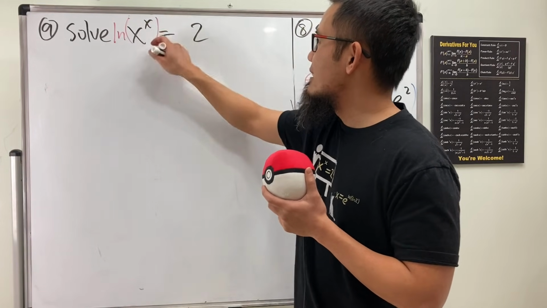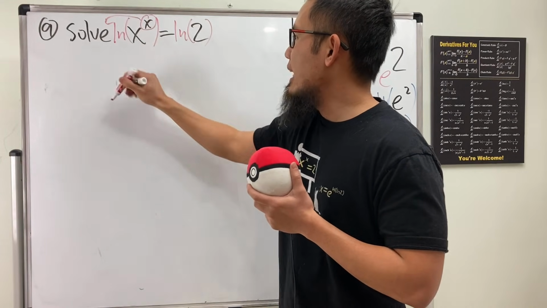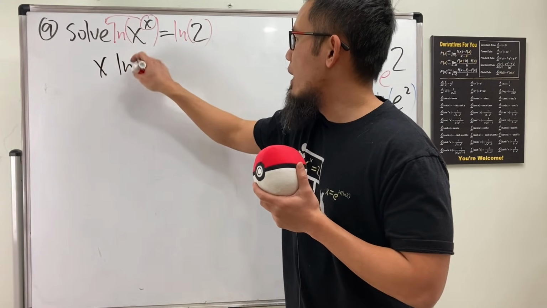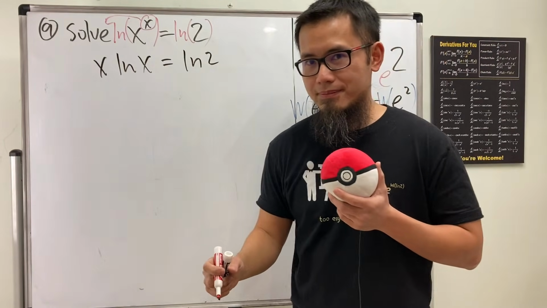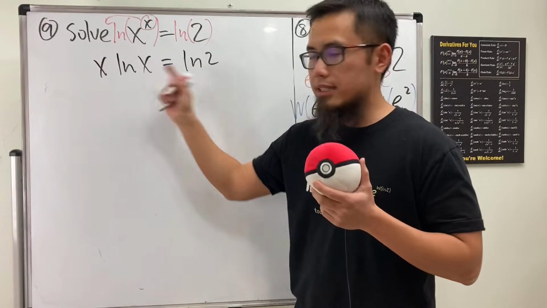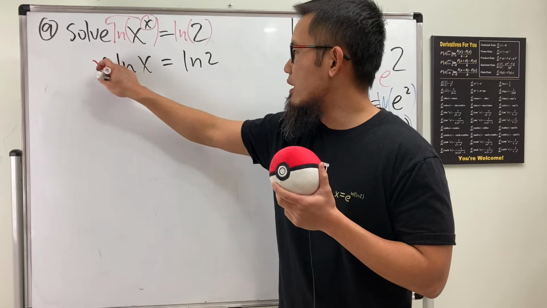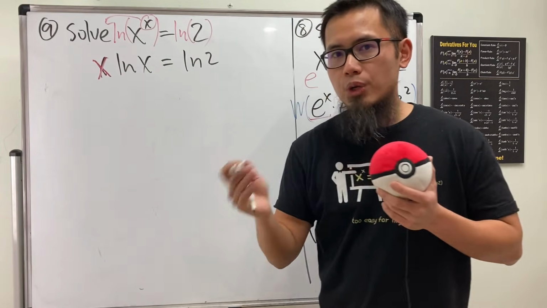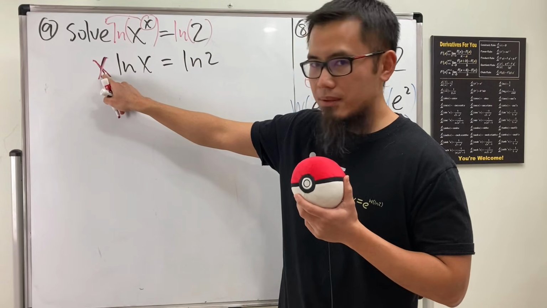I will first take the natural log on both sides so that we can bring the power to the front, and then we'll just get x times ln x. That will be equal to ln 2. Very nice. And again, we need to have this situation here. We have the ln x right here already. Well, this is very similar to the W of 2 ln 2 question earlier. Let's look at this x right here in red.